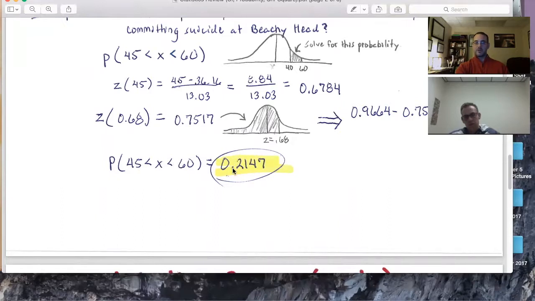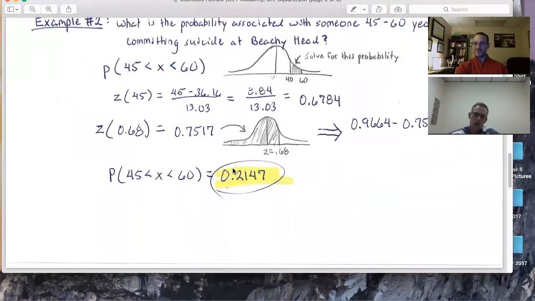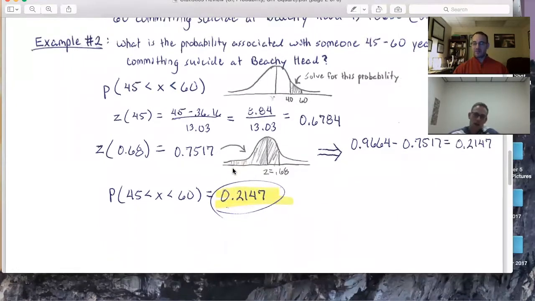That probability should be 0.2147, or about 21.5%. Okay. And yeah, you're absolutely correct. That is all building up to really understanding how probability and establishing alpha works for inferential statistics.